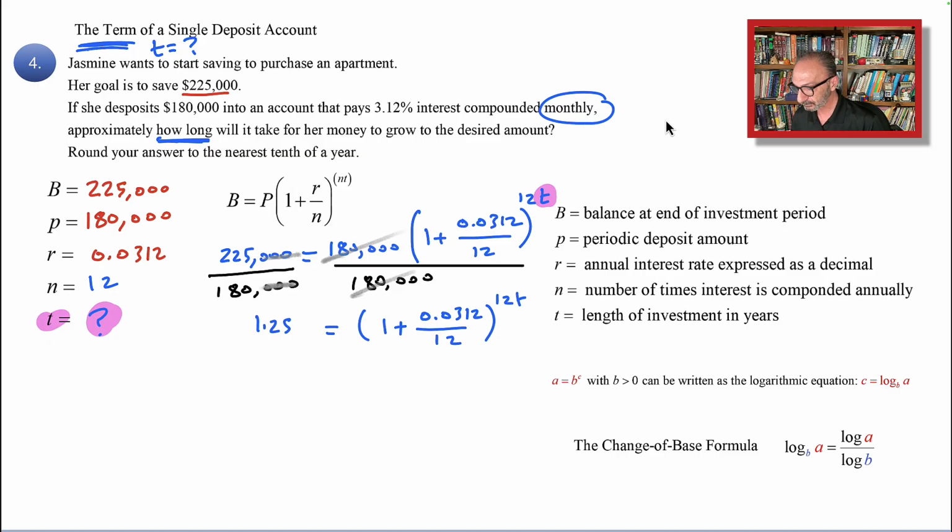Now, we could reduce the number inside. We could write 1.25 equals, dividing 0.0312 by 12 gives me 0.0026, adding 1 to it, that will be 1.0026 to the power 12t.